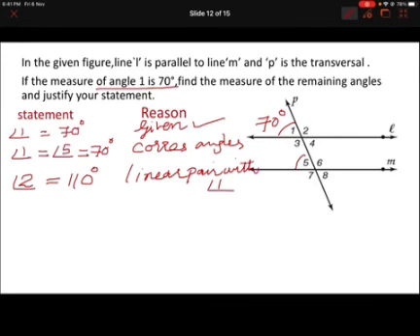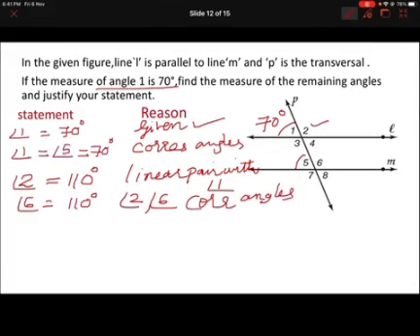That's why I have written angle 2 as 110 degrees. In that case, I will immediately write angle 6 as also 110 degrees. Can you tell me the reason? Angle 2 and angle 6 are corresponding. Corresponding angles are equal. That's why, just now we learned from result 1, that angle 2 and angle 6 are equal.